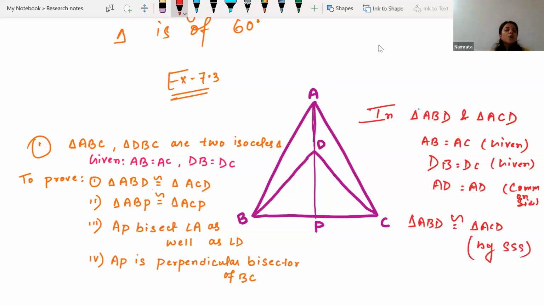Okay, this much we have already discussed. Now what will be the byproduct of this? Byproduct means the extra information we'll be getting from here. As I said to you, once you prove congruency, there will be corresponding sides and corresponding angles. Do we need those? Maybe we don't need those for now, but since we have back to back 2, 3, 4 sections to prove, anything from here may be helpful.